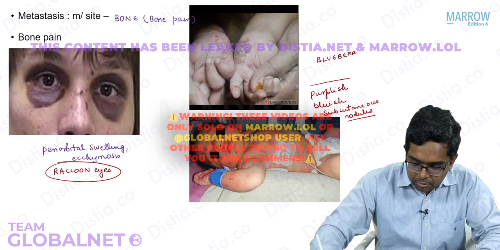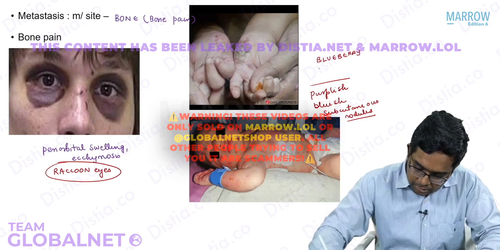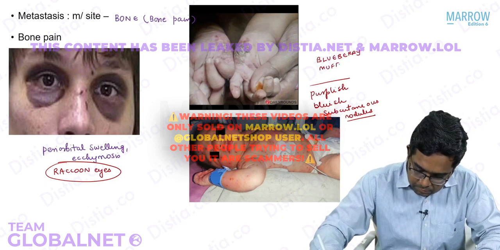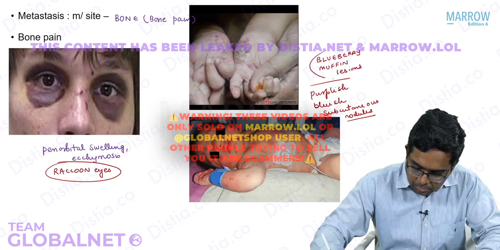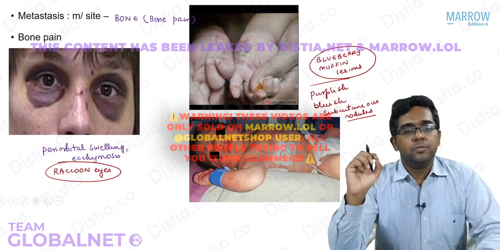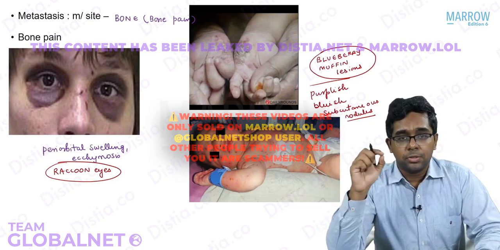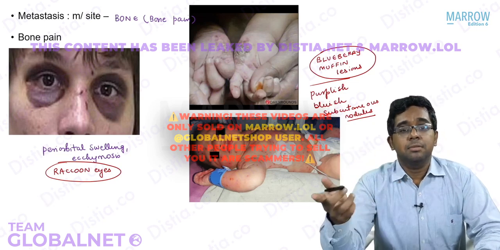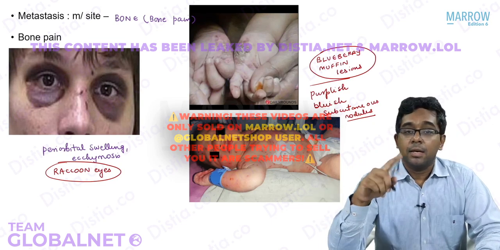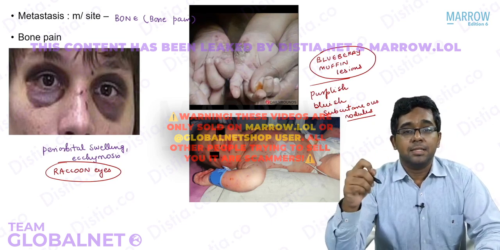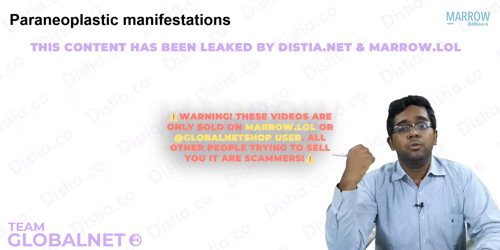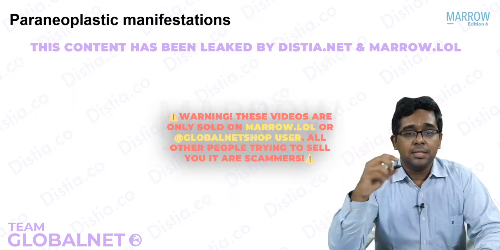Very, very important finding. Blueberry muffin lesions. So remember, a case of neuroblastoma may not present due to the tumor itself. It may sometimes present with metastasis.